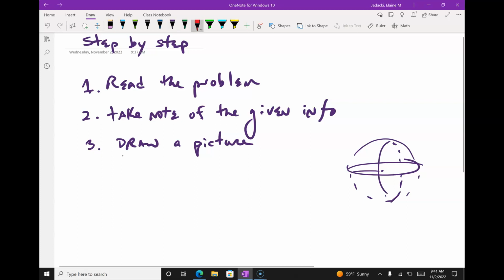Most of the time they're going to give you an equation and ask you to find some other variable. In the problem we had, 1 centimeter cubed per second was the volume rate. There's my equation.